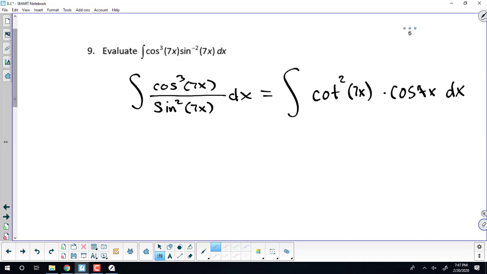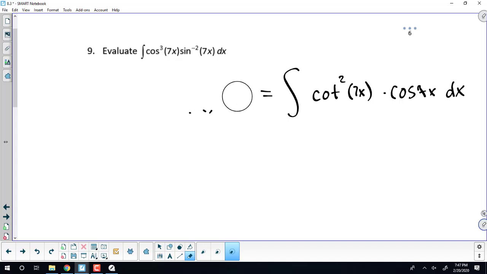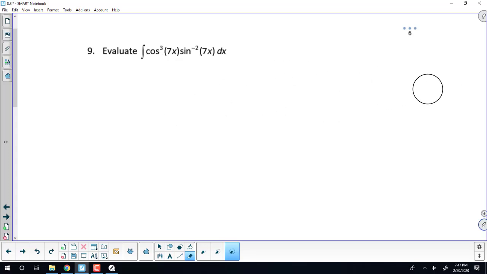So we can totally do that, right? Nothing wrong with it. Is it helpful? Probably not. You just get off cosine. So we see that the cosine's odd. That's all we need to know. Once the sine or the cosine is odd, we're back to the same procedure we had initially. It doesn't matter what the other power is. One of them's odd, you split a factor of that off.